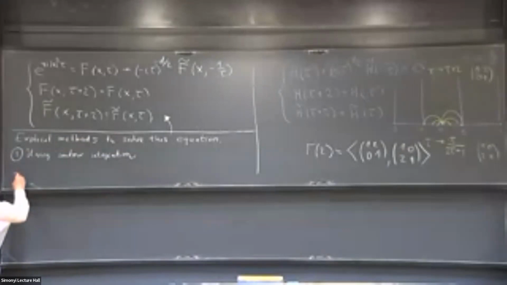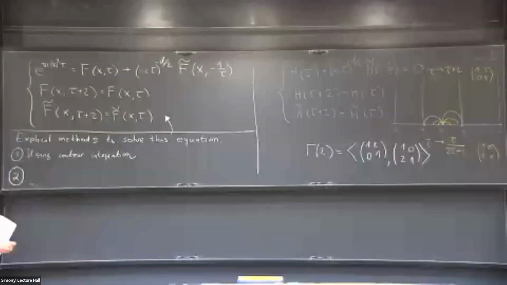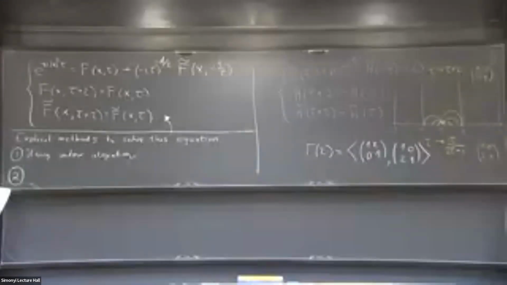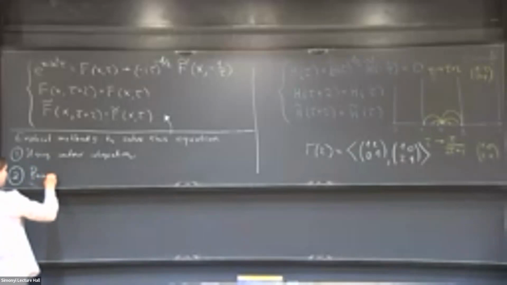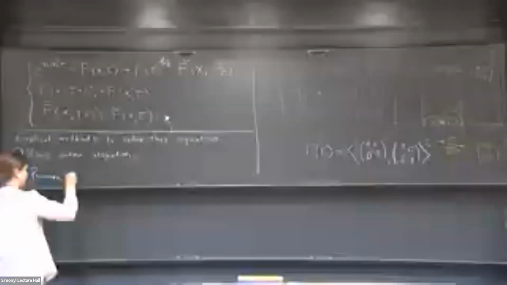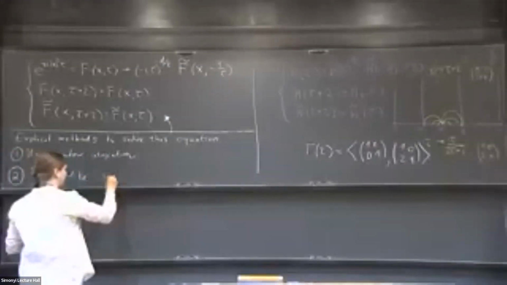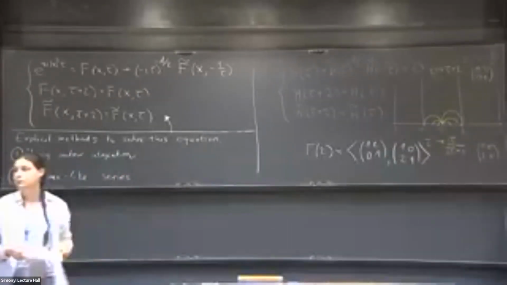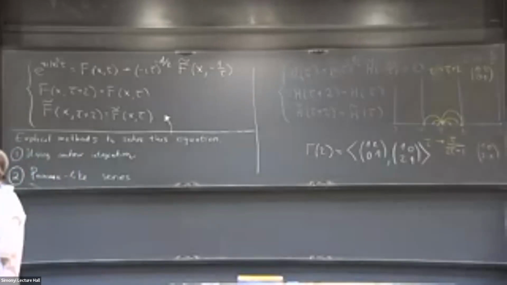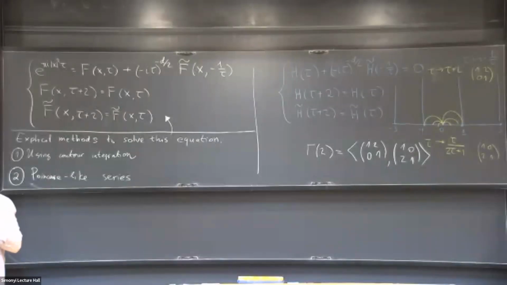And so the second method which I would like to talk about today is by using Poincare-like series. Let me ask a question. If you were to take other sequences in the group, you would get a subgroup of SL2 that would not be discrete. It doesn't need to be discrete.